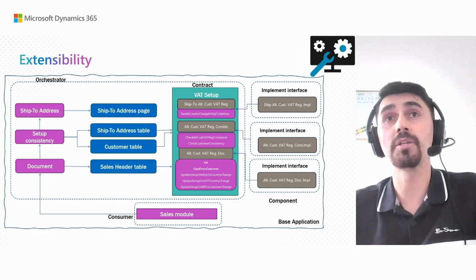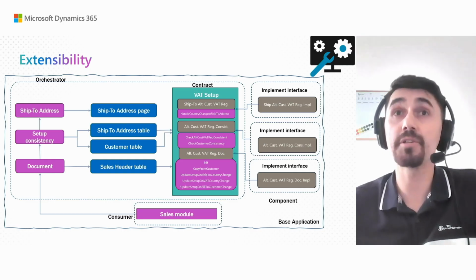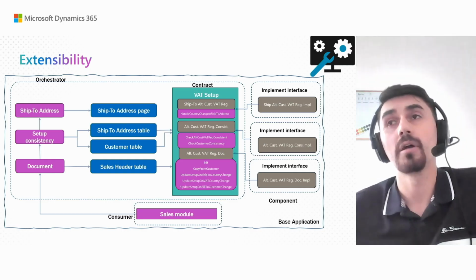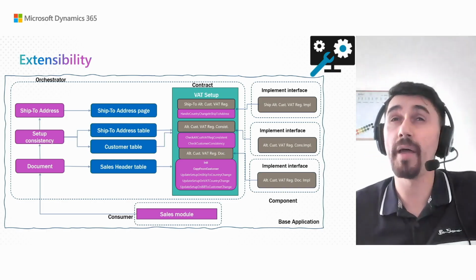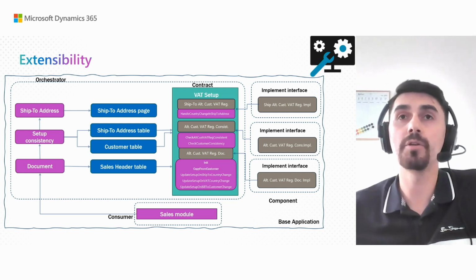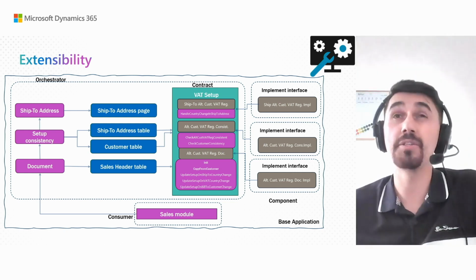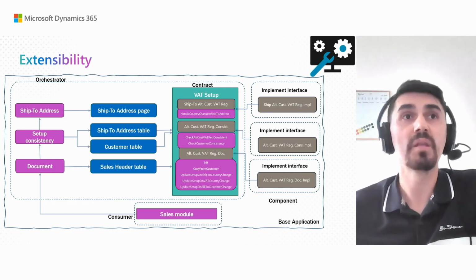And for this part of functionality, we have the interface that is called ship to alternate customer VAT registration. And there is the method that you can implement in your own way that is called handle country change and ship to address. So if you feel that you need another implementation other than the default one, you can do that with this interface and with this method.